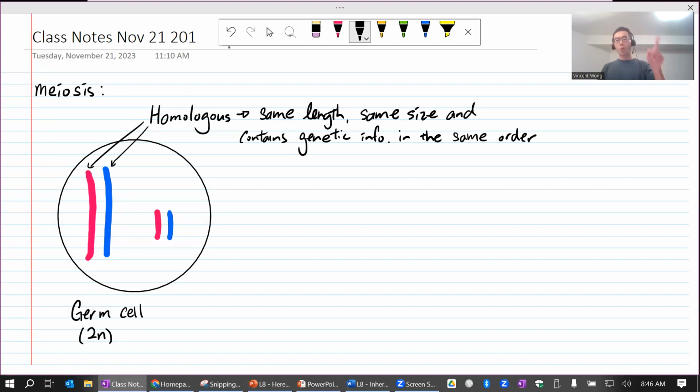So chromosome 1 and 1 are homologous. 2 and 2 are homologous. 3 and 3 are homologous, and so on and so forth. So these two are homologous to each other. These two are homologous to each other.